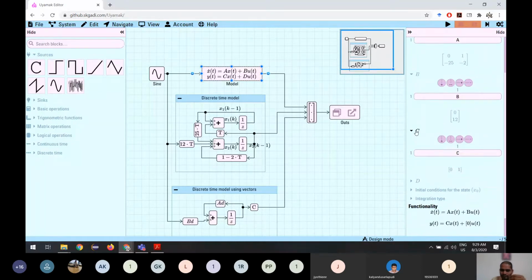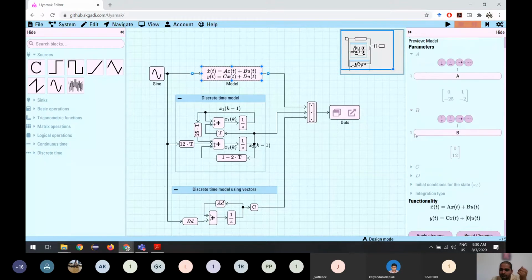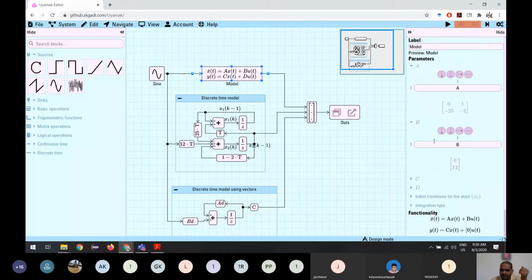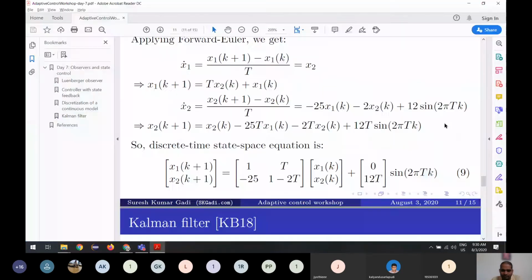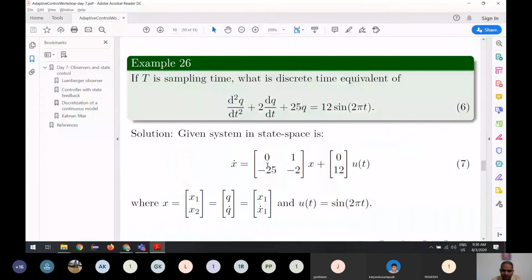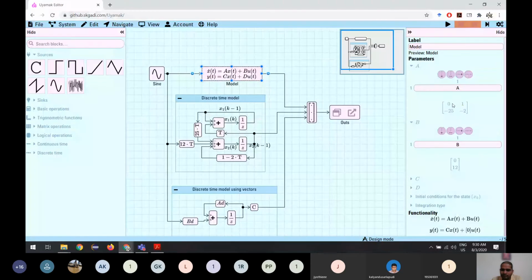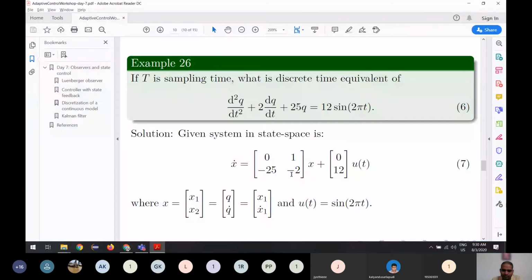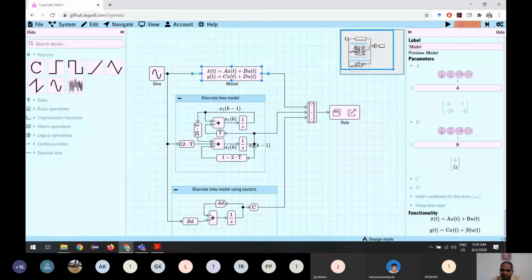C is something we want to observe, and what we want to observe is the second one, q dot. The most important things are A and B. For the original continuous time system, A is 0, 1, minus 25, minus 2, and B is 0 and 12.